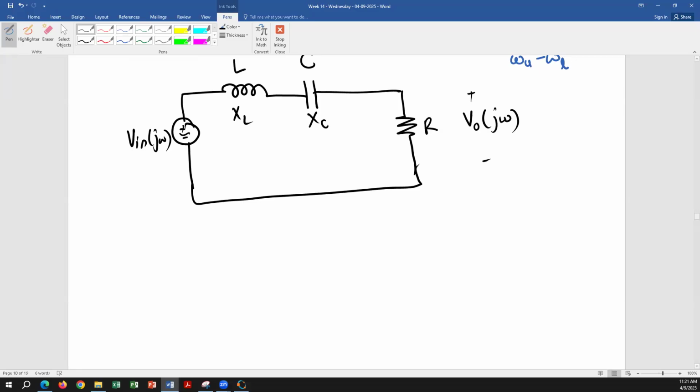Okay, so let's go ahead and derive the expression for the transfer function. So let's first do V out of j omega. It's going to tell me what will be the expression for V out of j omega for this circuit.